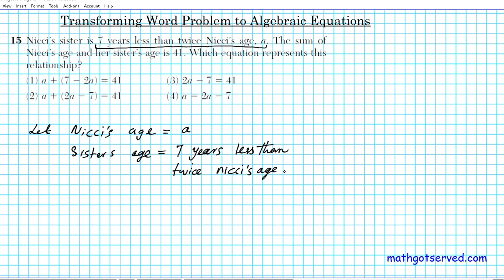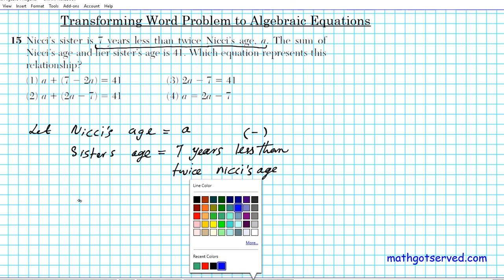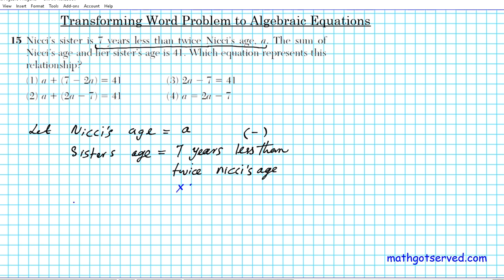We know what niece's age is, right? So 7 years less than twice. 7 stays at 7. Less than, what operation is less? Less means you subtract. What operation is twice? Twice means to double or multiply by 2. And based on our definition, we have A as niece's age.